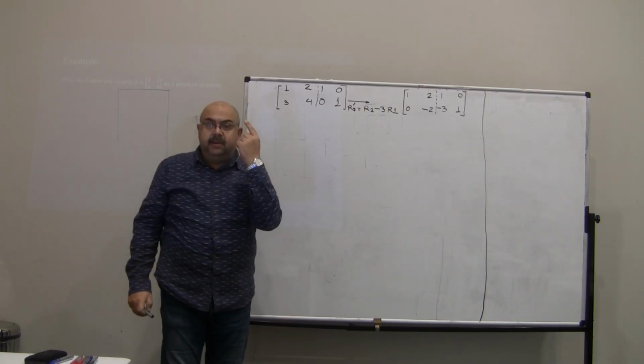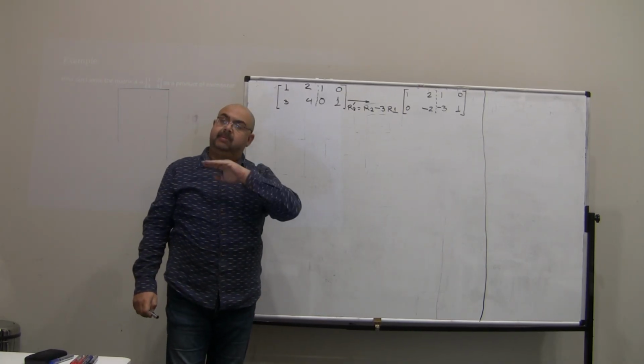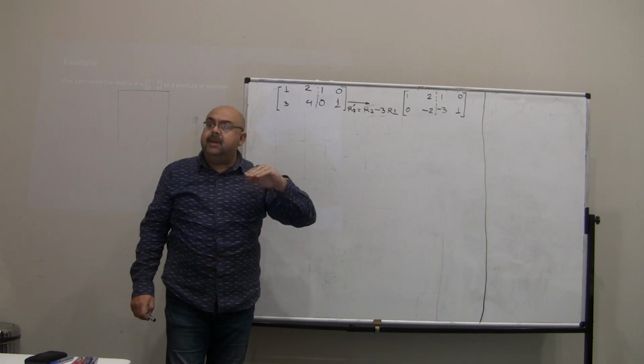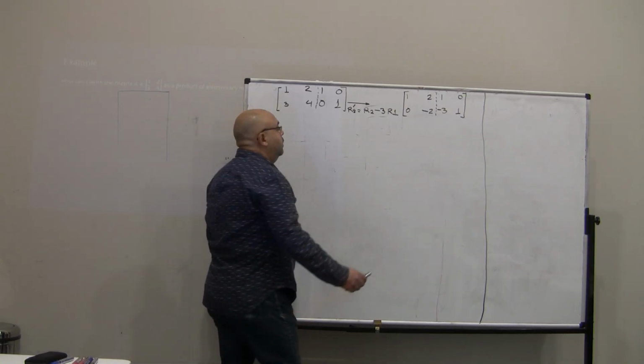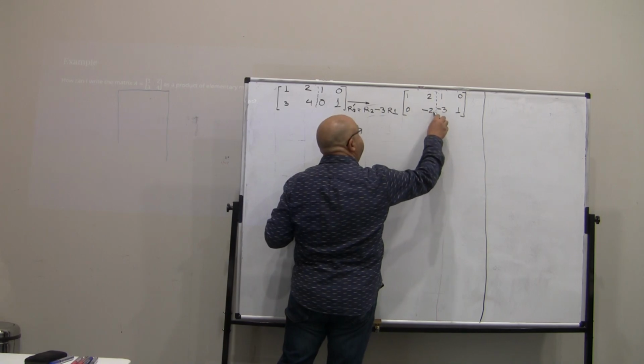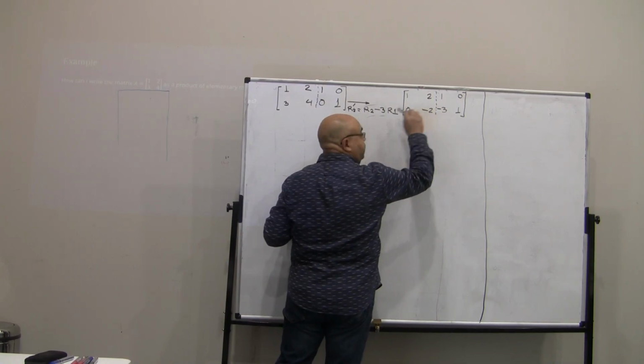Now I made the first move by multiplying the first row by a constant, then adding it to the second. Now I will adjust the pivot of the second row.